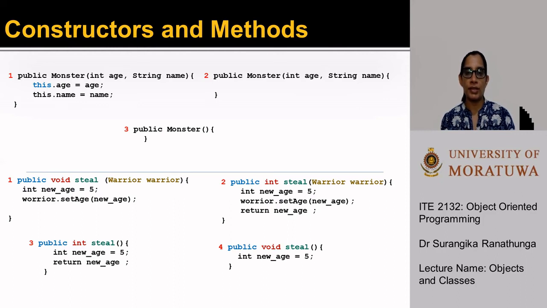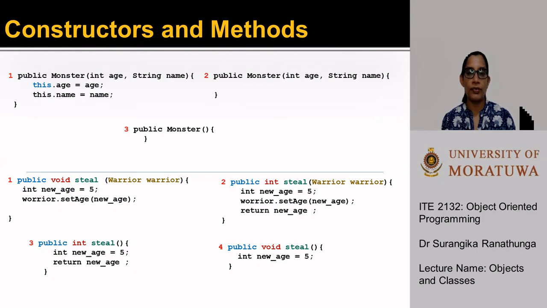So in such a case, if you are not going to use any parameter values sent by an external object, you can simply have this kind of a constructor with a blank parameter list. This we call the default constructor.